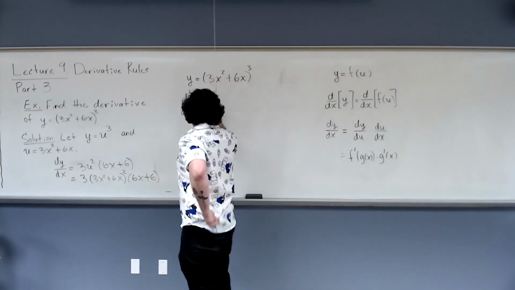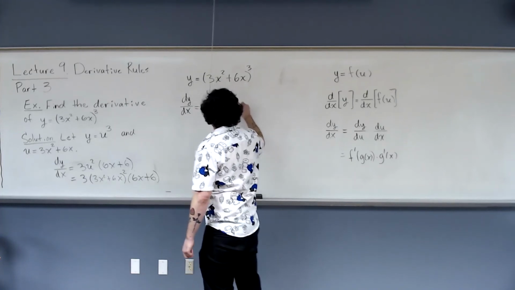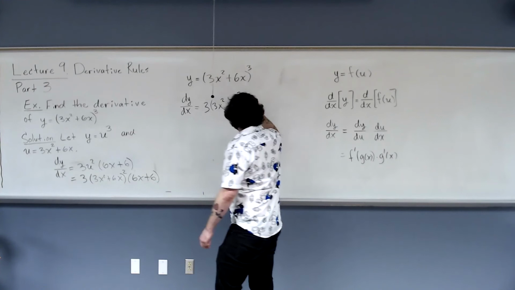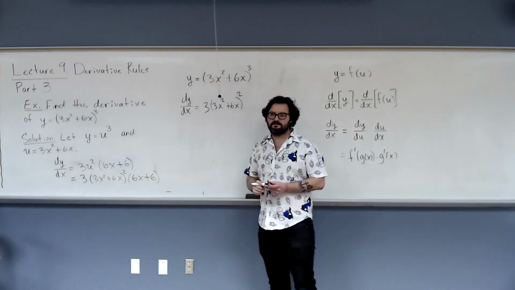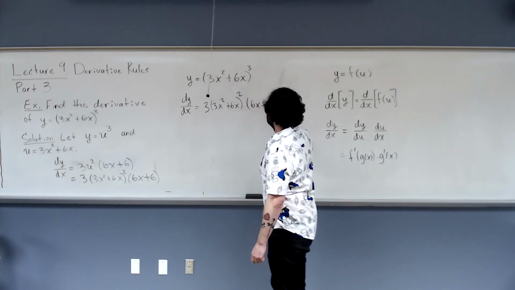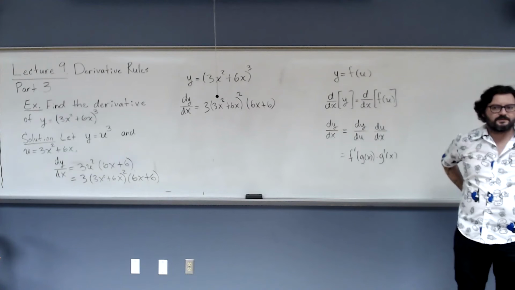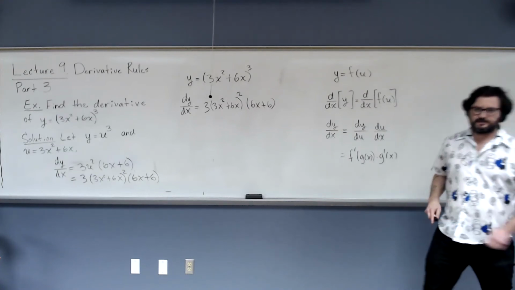So it's 3 times the inside all to the power 2 times the derivative of the inside. Exactly. It's actually very simple to apply. Does that make sense?